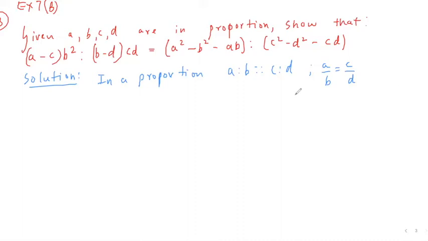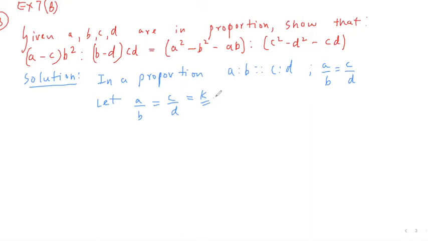Let this be equal to K. So let A by B equal to C by D equal to K. That's why we call this a K method, because we equate those two ratios to a constant called K.